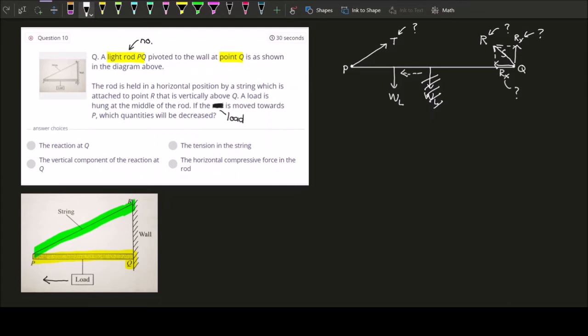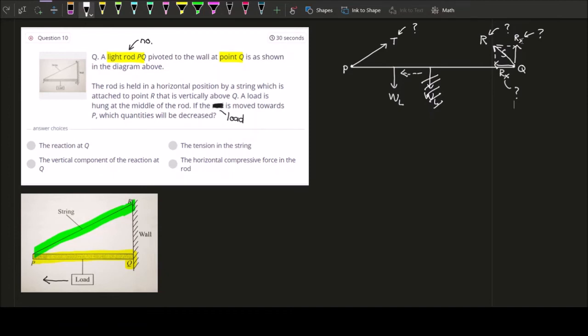So to know that, we have to do something. This is a very fresh question, so you might not have done this before. What you do is, you know that there's tension, you know there's weight of the load, and there's reaction force. So you pick the point where you don't know a lot of info. There's plenty of information, but you don't have it.